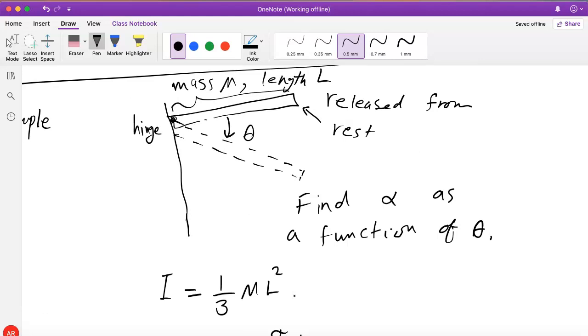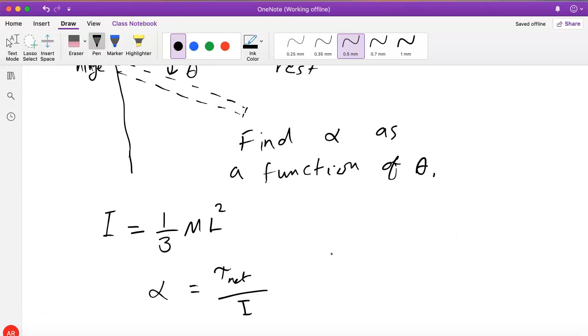If I draw a free body diagram, let's go to this arbitrary position at angle theta. There are some forces acting at the hinge. I don't know, maybe some vertical force, some horizontal force.